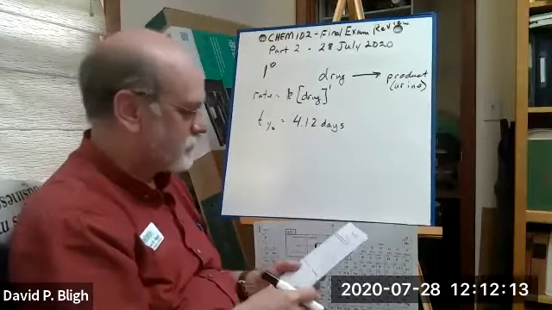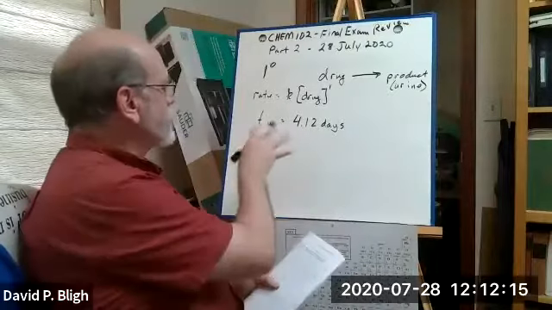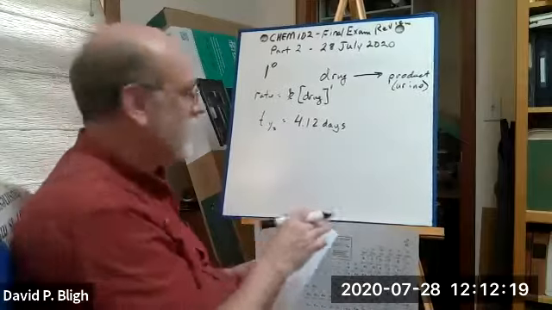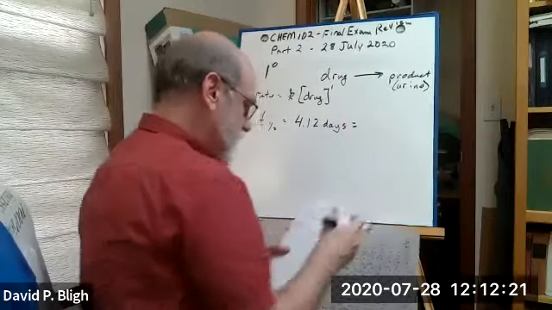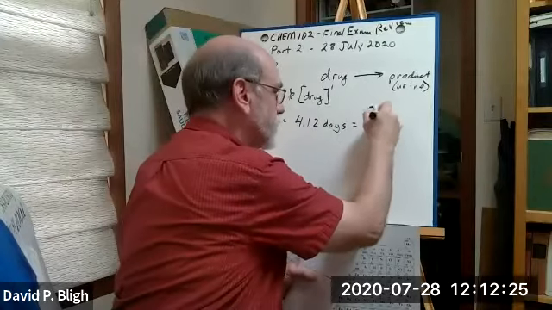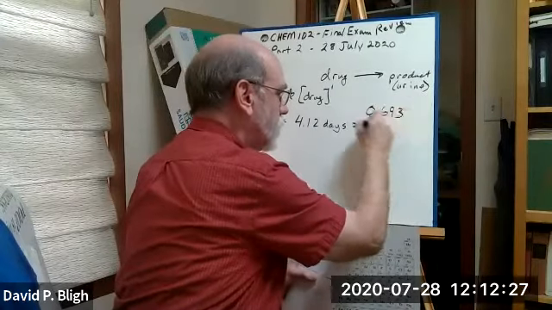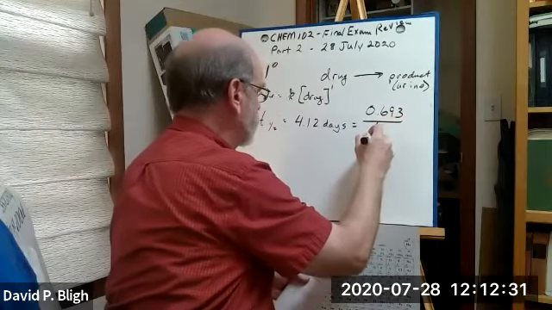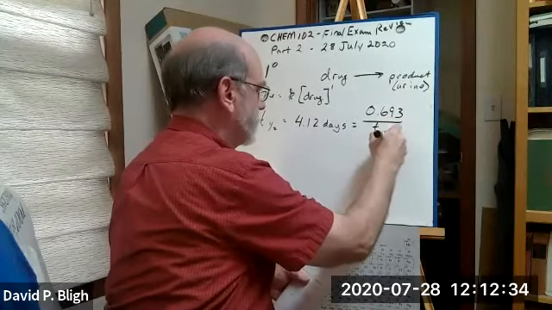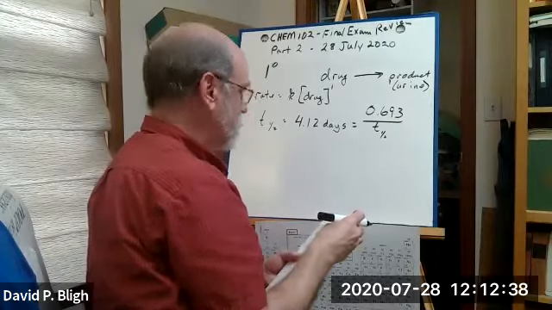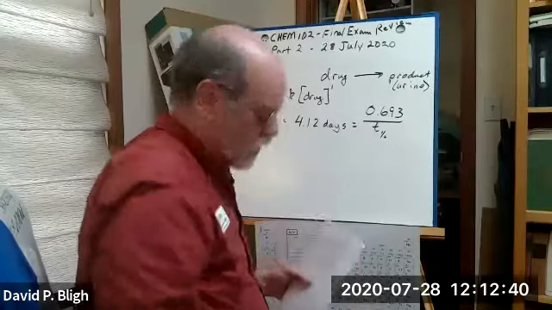Okay, back to the problem. So a first order half-life means what in terms of our equations? Well, the half-life is equal to a first order half-life, I wrote that wrong, sorry.